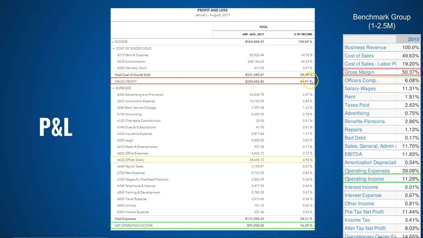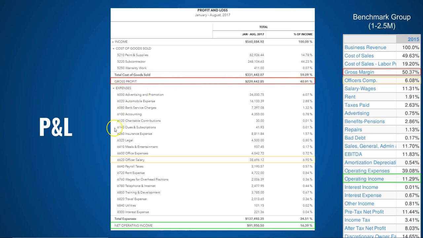So they're about on track, and they're paying about 15% for materials overall. That's usually what we see, between 15 and at the high end 20% of materials as a percentage of income. So their gross profit margin is looking decent.